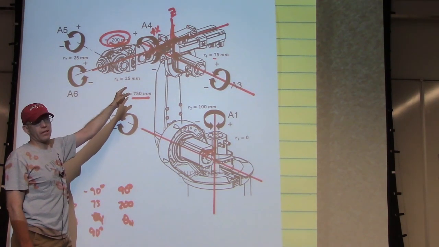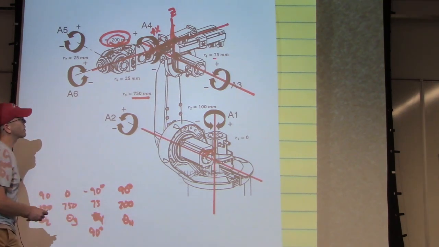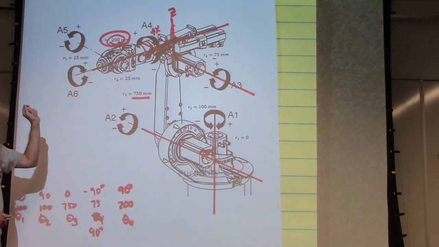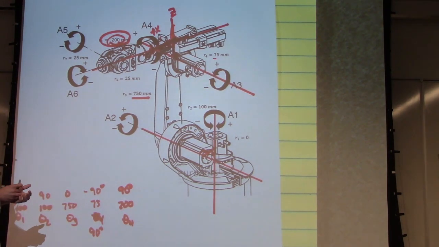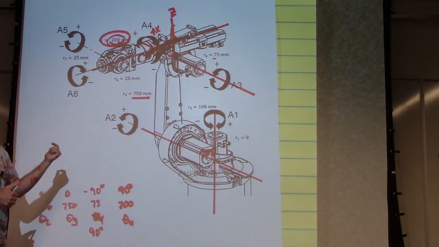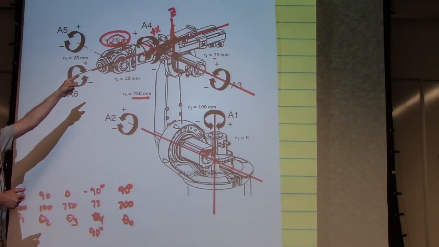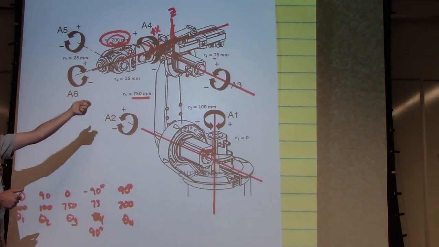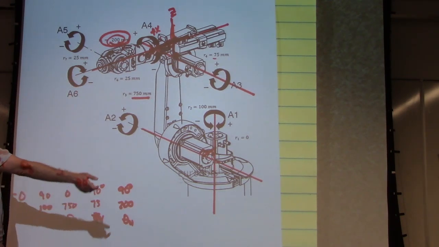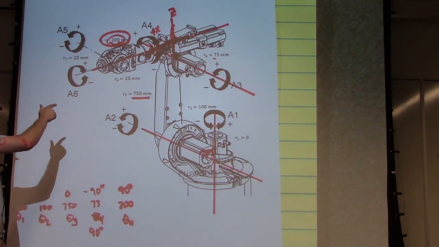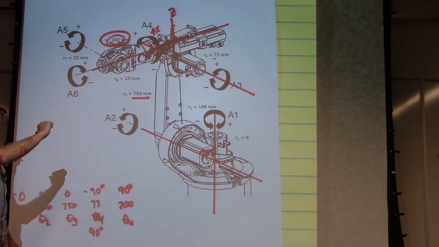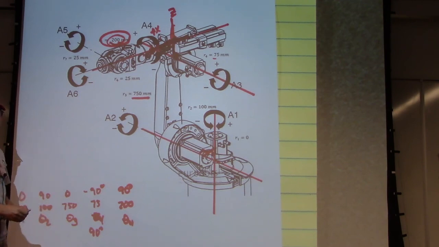If we had incorporated the link offset like the DH parameters call for, then we could have just provided that link offset, and we would have been done with it. But in this case, since we're using 3 parameters instead of all 4, we need to go through and move it up, perform the rotations, and then translate it along the x-axis 200 millimeters, and then perform the subsequent rotation to bring the z-axis back in line.